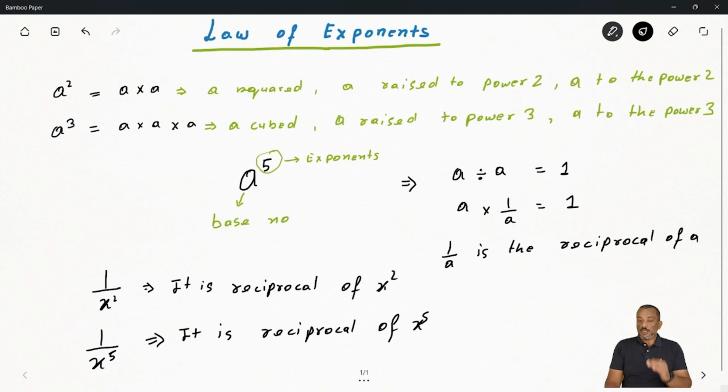So now you can understand what is exponent, what is base number, and now all these things are ruled and taken care of by some properties of the exponent. So we will see some properties of exponent first.